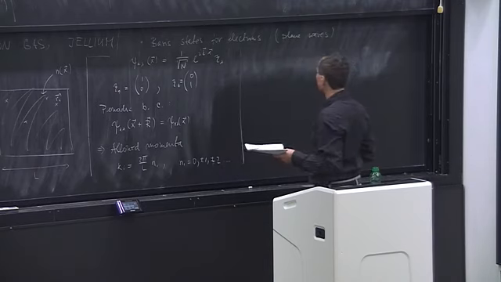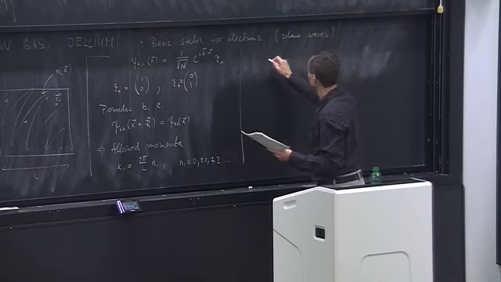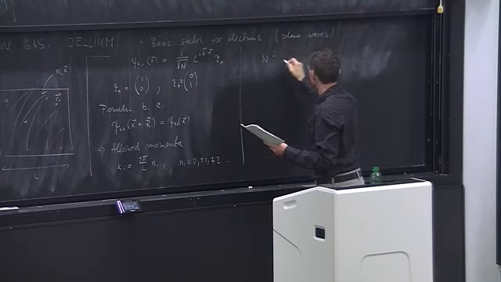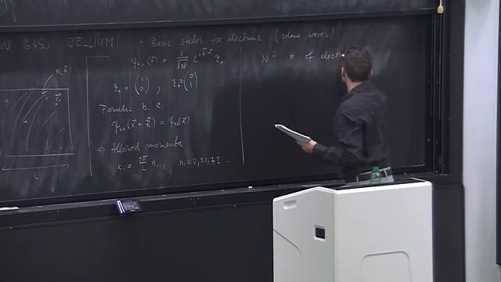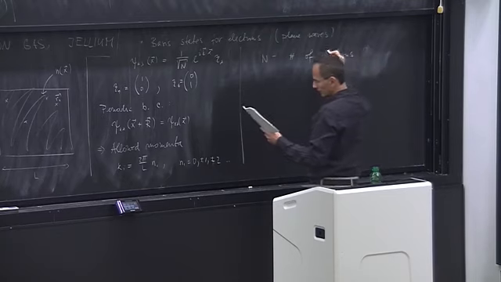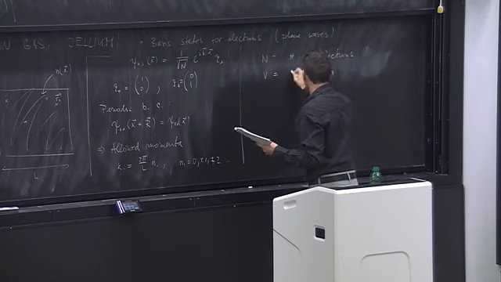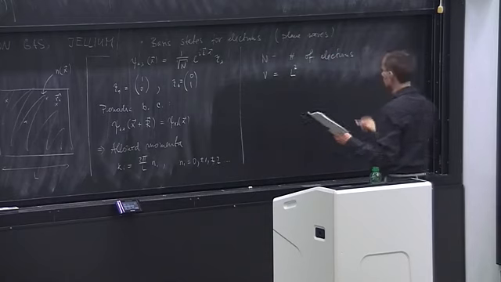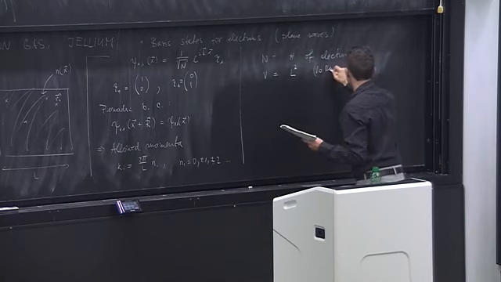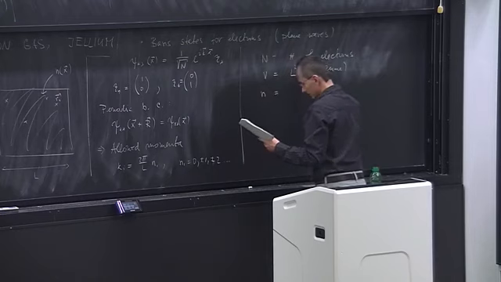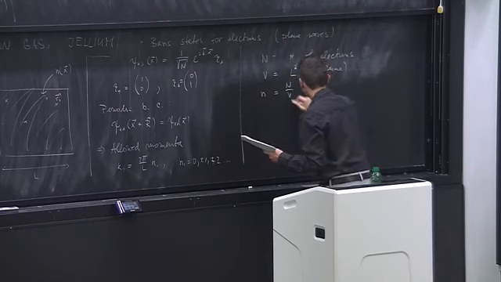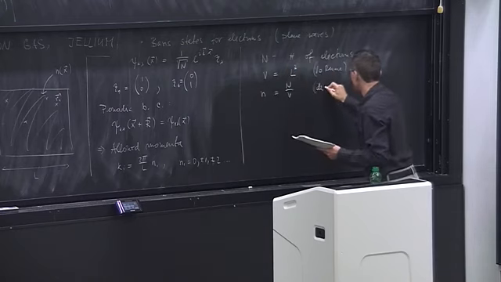Furthermore, I will use the following notation. N will be my number of electrons in the system. Volume will be V equals L cubed. And n will be N over V. And this will be the density.